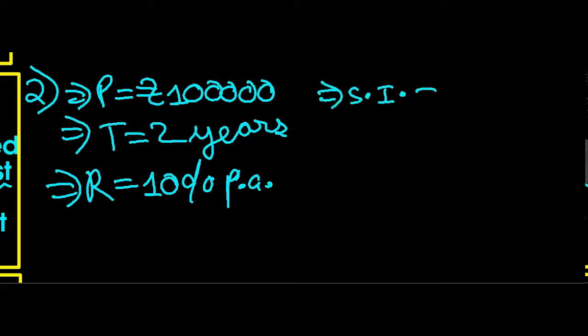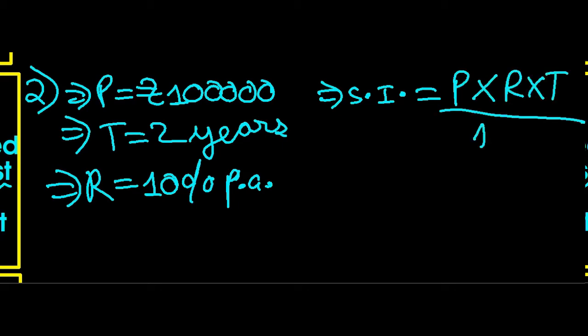SI, let's write the same formula that we wrote in the first part of simple interest and in the other parts also. SI is equal to P into R into T by 100. If you haven't watched simple interest part 1, click on the white tag above.